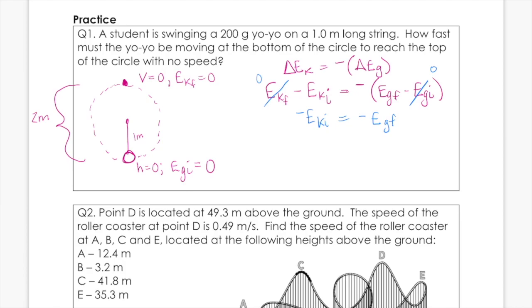Plugging in the equations for each, for kinetic energy, we're going to have 1/2 m vi squared equals our gravitational final energy, which is mg times the final height. Our masses are going to cancel out.